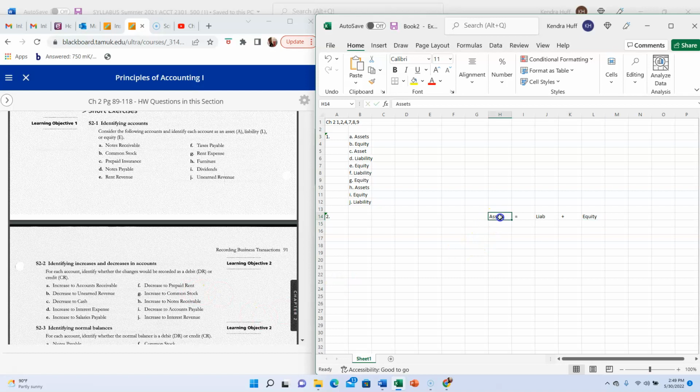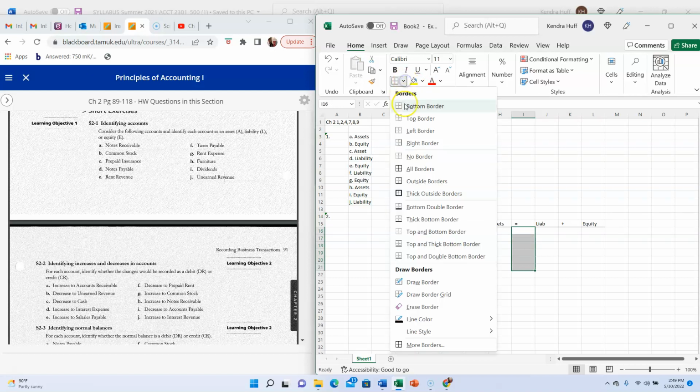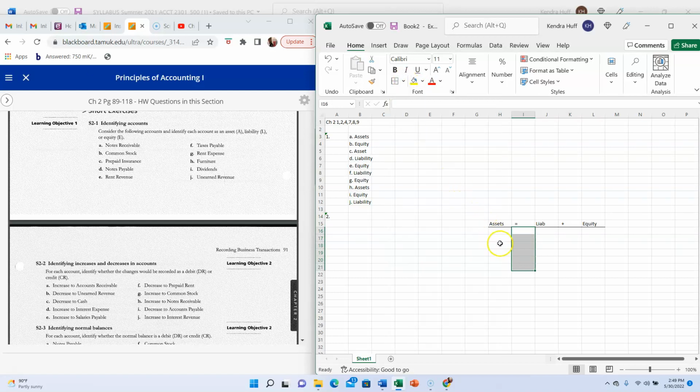And then if you draw what we call a T account underneath it, you can see what side everything is on. All right, assets are on the left side of the equation. Left is just, debit is just another word for left. And then liabilities and equity are on the right side, which is the credit side.